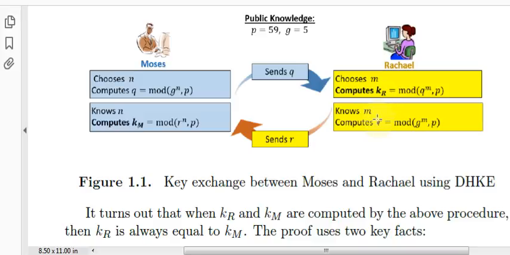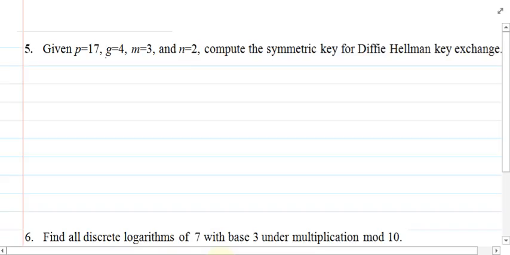The first step in computing Km is to compute R, which is g to the mp mod. So I'll do that. Let me write it down so I don't forget. R equals g to the m mod.